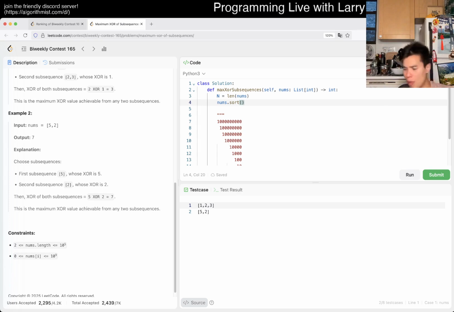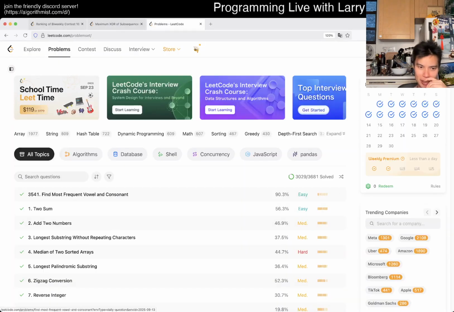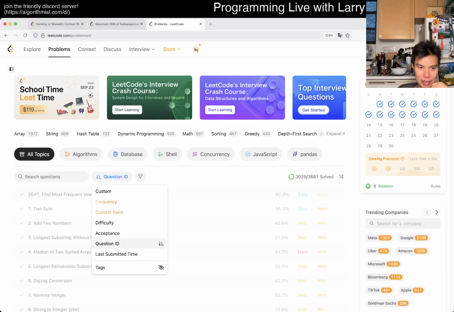There was an XOR problem recently that I struggled with and has somewhat the same idea, but I forget what it was. It's been a while. In case you're wondering what I'm doing, I'm just trying to figure out how to do the question.